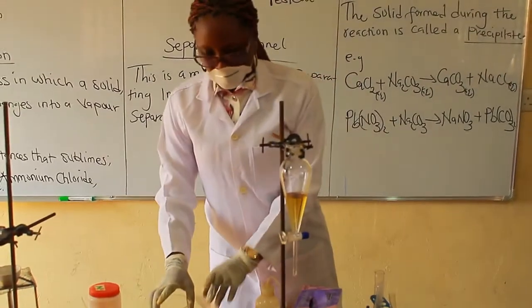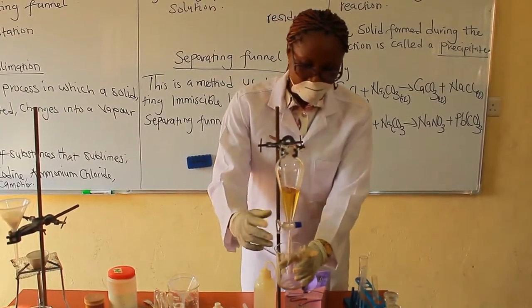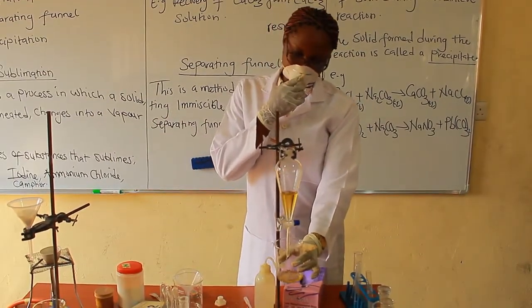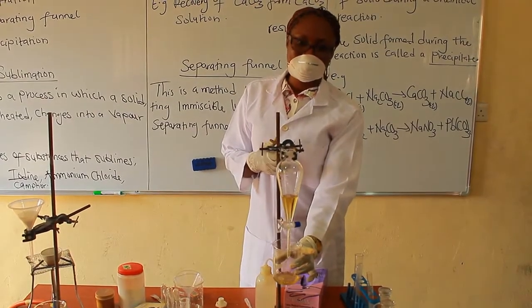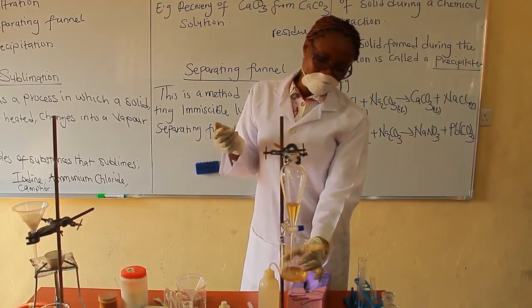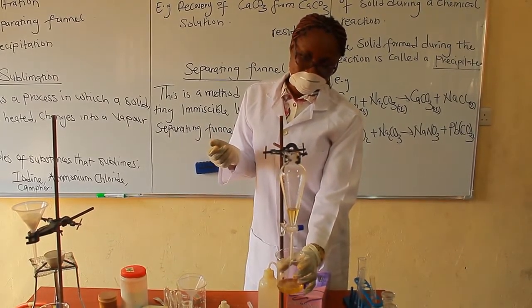Now we can get our petrol. We use another beaker, and then we let the petrol flow. Wow! You can try this at home if you have a separating funnel. Wow, this is beautiful. This is science.